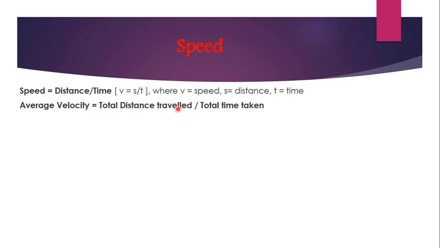What will be the average speed of that object? We first calculate the total distance traveled by that object, and then divide that total distance by the total time taken, which will give us average speed.